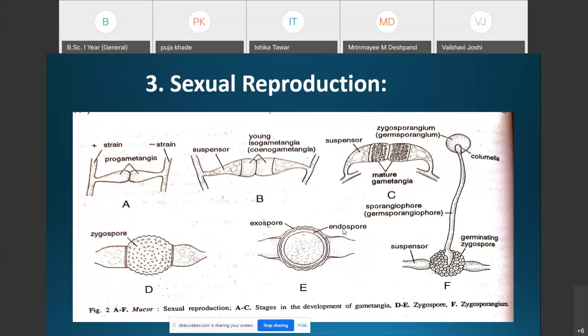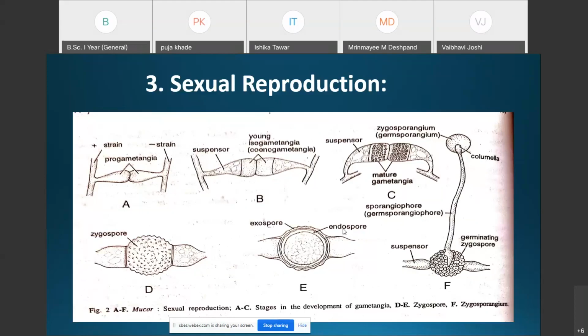The endospore is made up of three thin elastic layers, whereas the exospore consists of two brown or black layers. The zygospore remains along the substratum during its development.